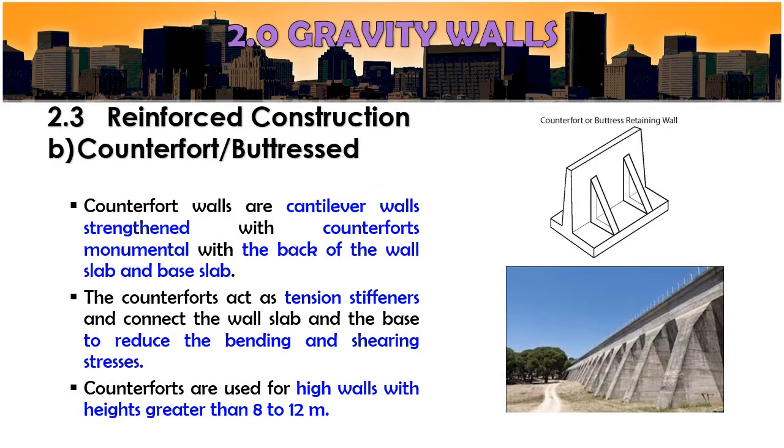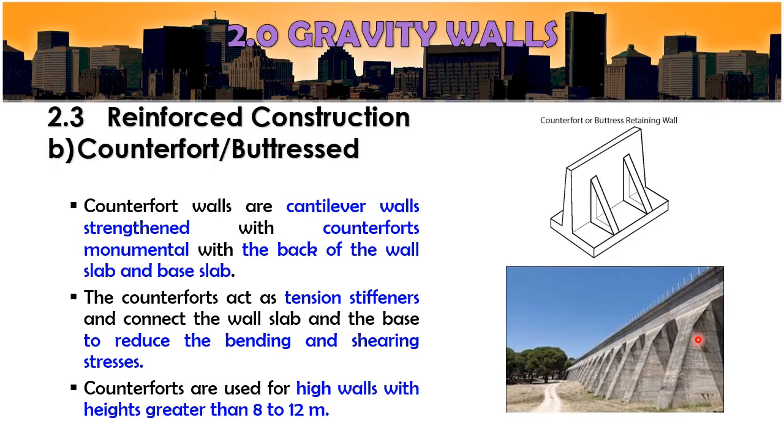The second type of reinforced construction is the counterfort or buttress wall. Counterfort walls are basically cantilever walls with counterforts. The counterforts are placed at the back of the wall slab and base slab. The counterfort acts as a tension stiffener and connects the wall slab, or stem, with the base of the wall.